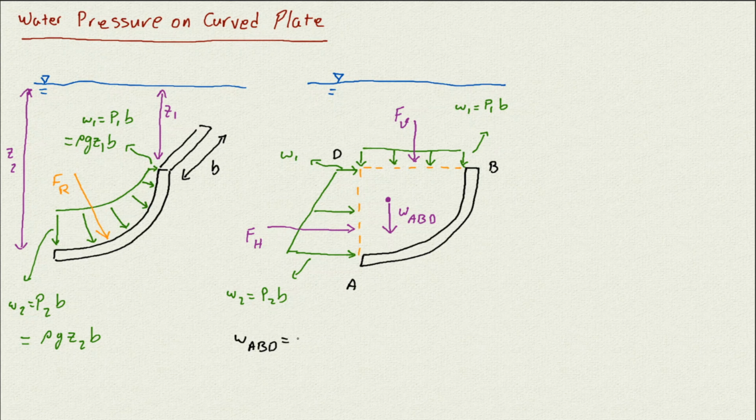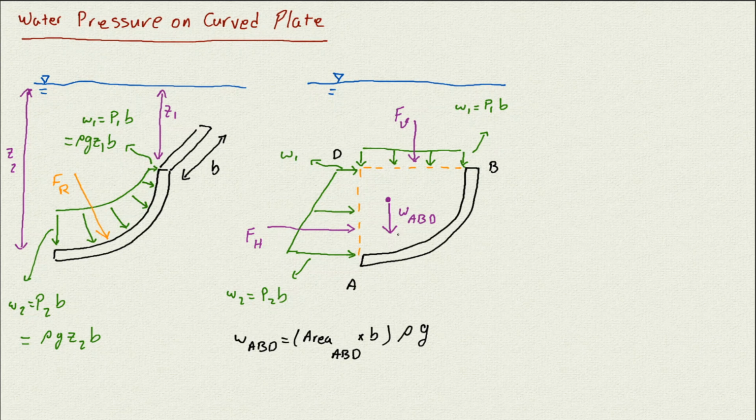So it's going to be the area of the ABD, which is the front face area, times B, which gives the volume, times rho, which gives the mass of the water in that area, times g, which gives us the weight of the water there.